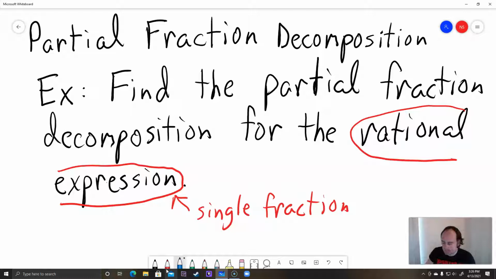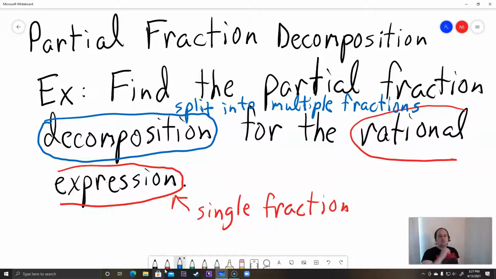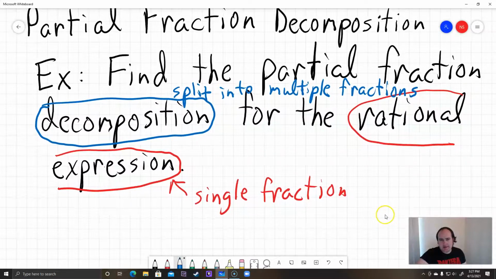So decomposition means split into multiple fractions. All right, so that's the basic idea, and that's just the words behind it. So let's see an actual example.